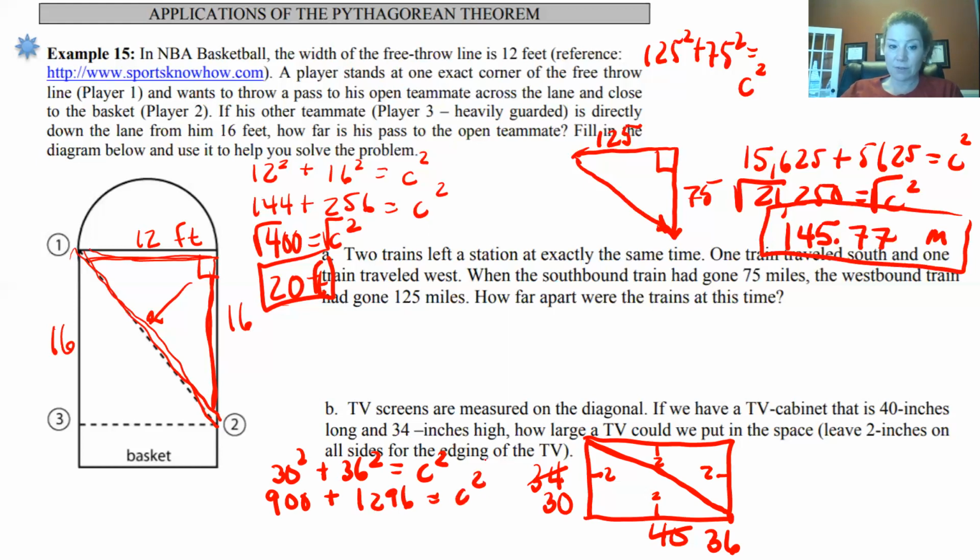So we're going to add those two numbers together, and we get 2,196. And then to figure out how wide it could be, we're going to find the square root of that number.